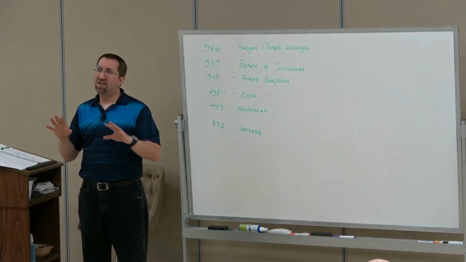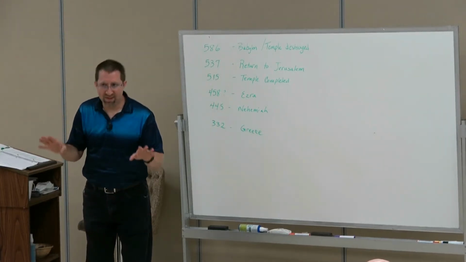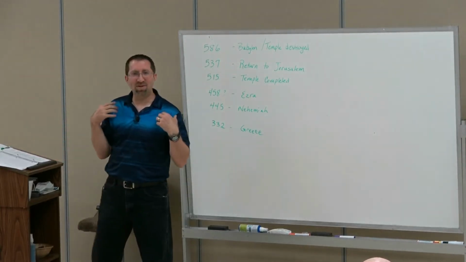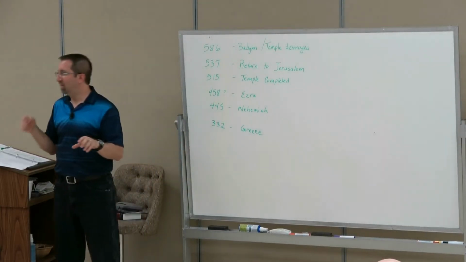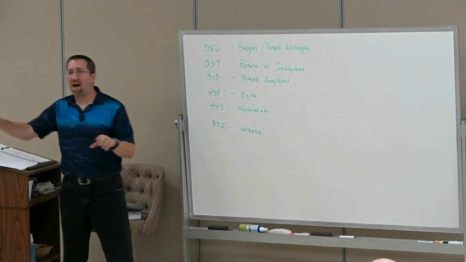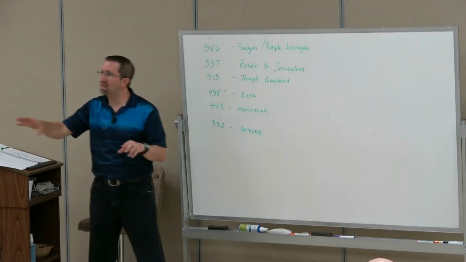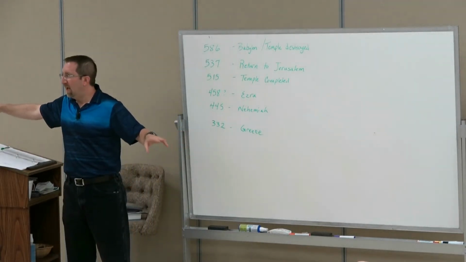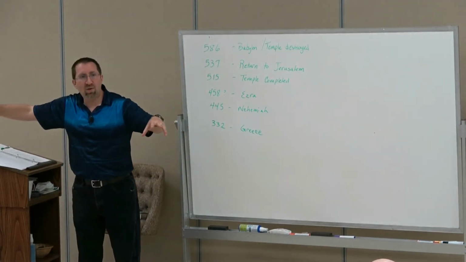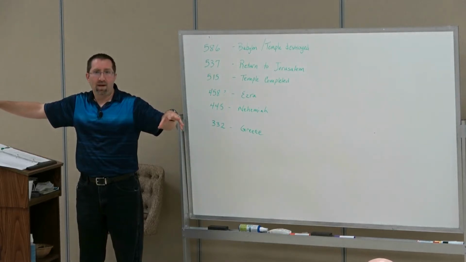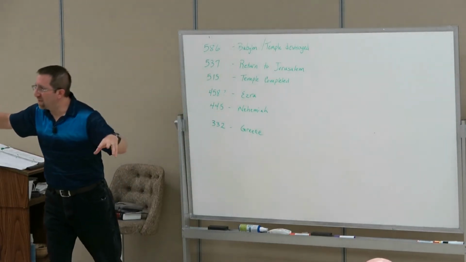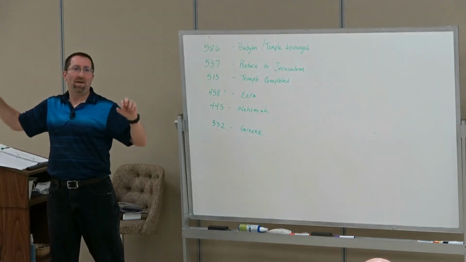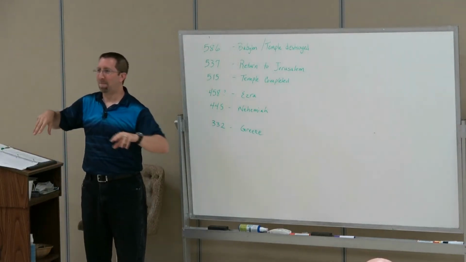Now, I about said legend, but I'm going to say tradition has it. I would lean on legend, but that's my personal opinion. Tradition has it that he put 70 scholars, 72 actually, but 70 scholars in different rooms, each of them translating the Torah, and each of them translated it exactly the same way to every jot and tittle.